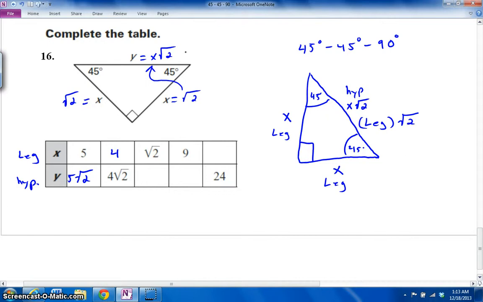So then we get square root of 2 times square root of 2. Square root 2 went in for the x value. Now the square root of 2 times the square root of 2 is just 2. So we get a hypotenuse of 2.